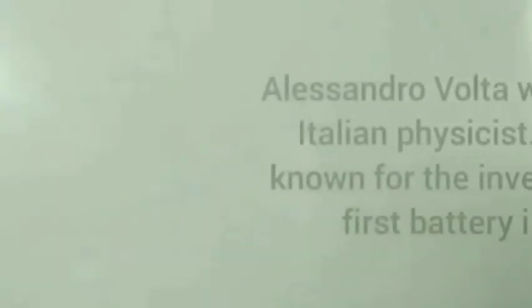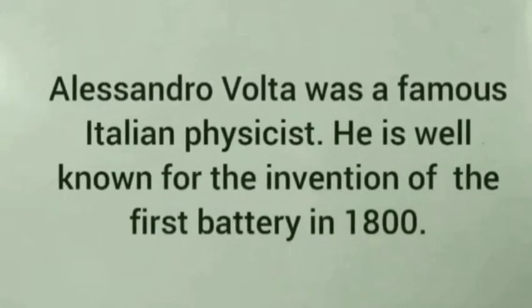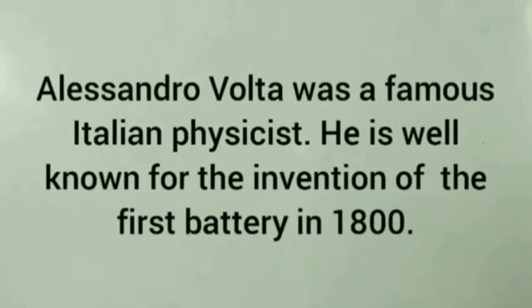Here is the passage and it is written about Alessandro Volta. Who is Alessandro Volta? We already have learned this one. Yes, he is the inventor of battery. In which year he invented battery? We will learn here. Alessandro Volta was a famous Italian physicist. Then he is well known for the invention of the first battery in 1800.